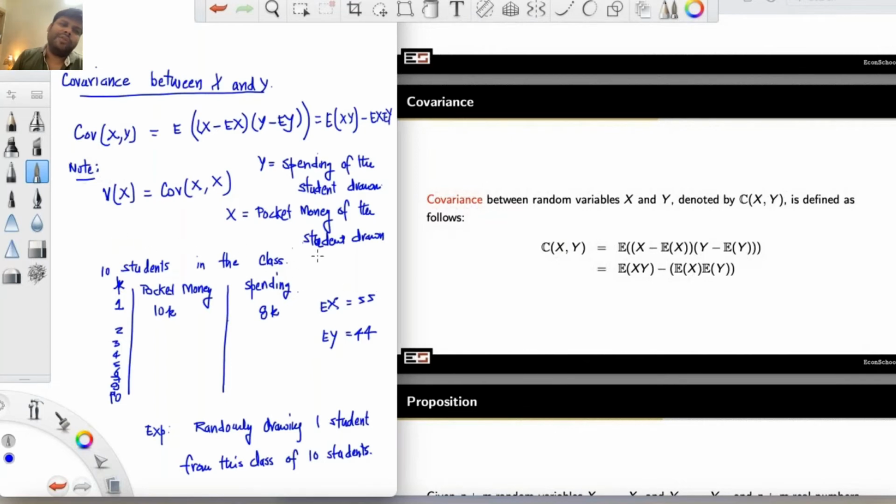Now if you want to figure out the expected value of XY, that's not difficult at all. You first create X times Y. So what is X times Y? X times Y is 80k squared.